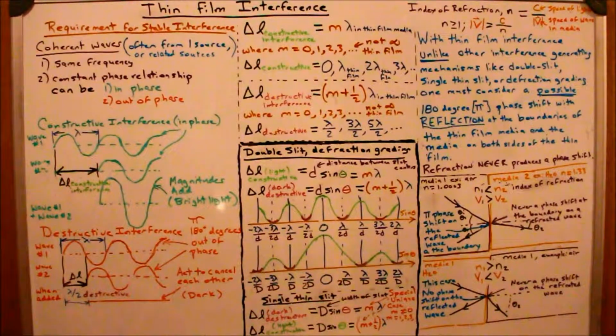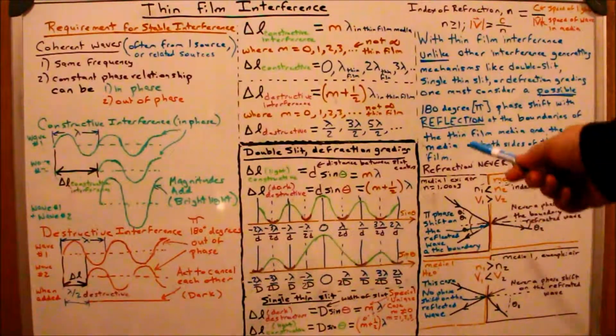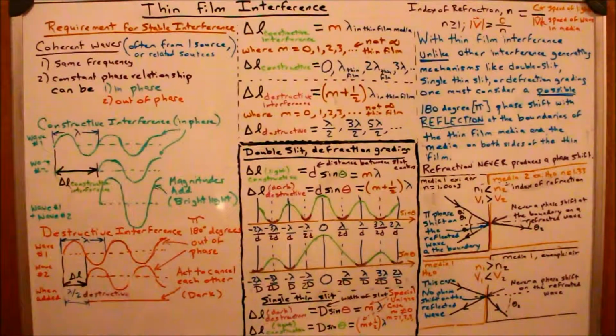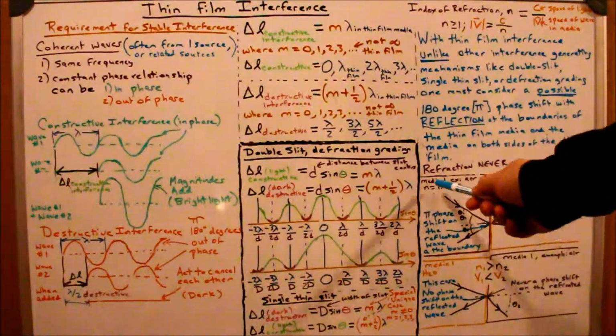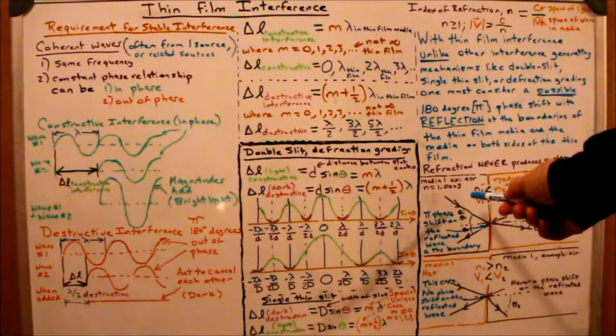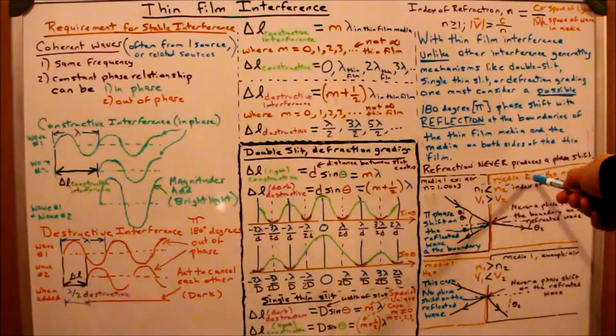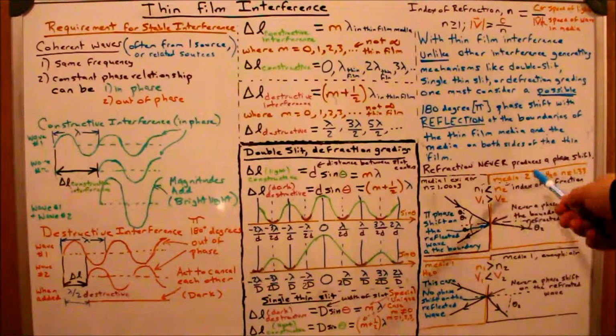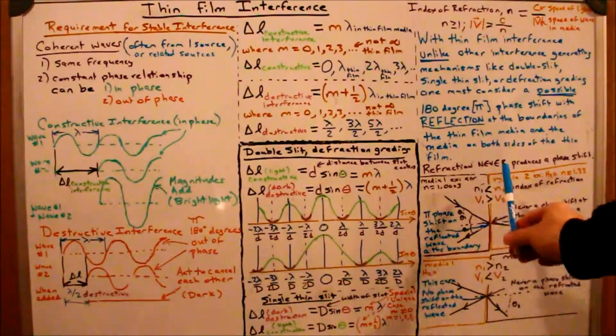So there are two cases when I have a wave going from one media to the other. One case is that the media the wave is first in has a lower index of refraction, therefore a higher velocity. Here's media 1 and media 2, and there's a boundary.